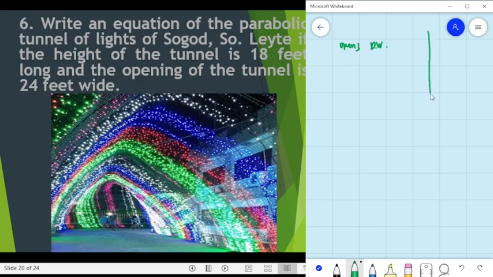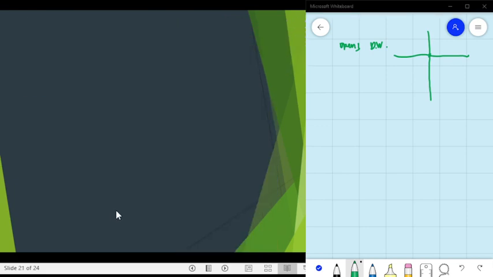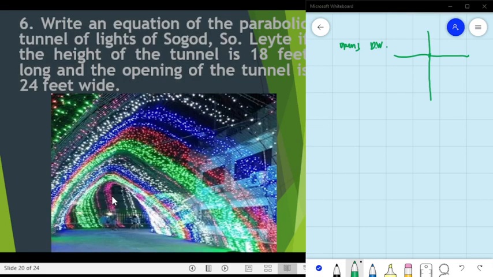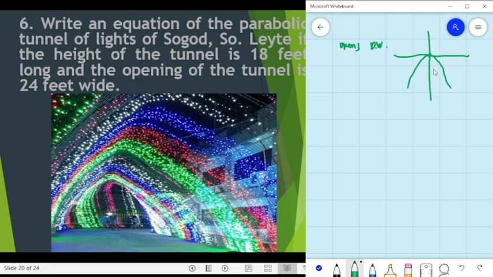Okay? So if we look at it, we consider the vertex at 0, 0, at the origin. And notice that the height from the road to the top is 18, so 18 feet.